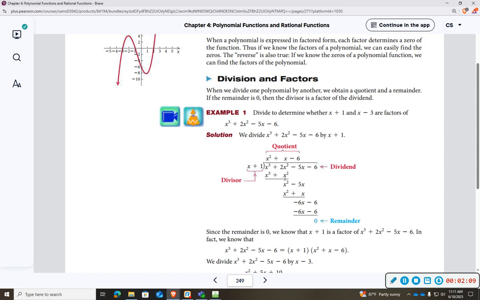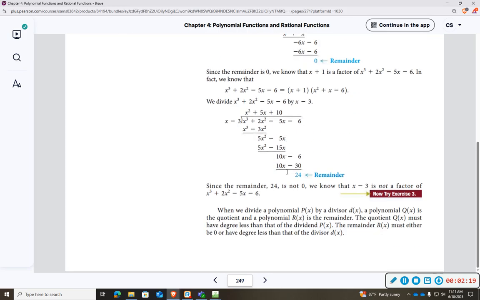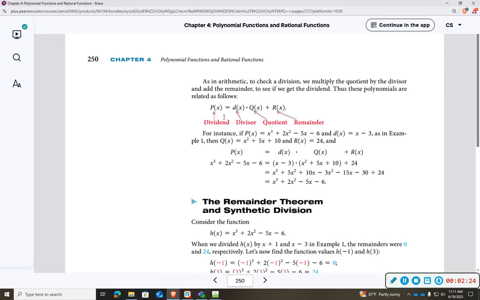I'll go through this in depth when I start working examples, but they're going to do that continually for each value, and then they end up with a remainder of 0, so we know that that will be a factor. They show a few examples. When they break it down into algebraic terms, the p of x stands for the polynomial, that's the dividend. d of x is what you divide it by, times the quotient, plus the remainder, and that should equal the original polynomial.